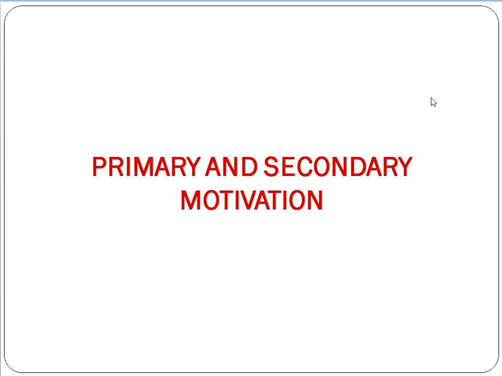Primary motivation. On the other hand, what do you understand by secondary motivation? Secondary motivation is, in a sense, we can say all about what? Appraisal, praise, appreciation. So these are all about primary and secondary motivation. Now we will proceed to the next slide.